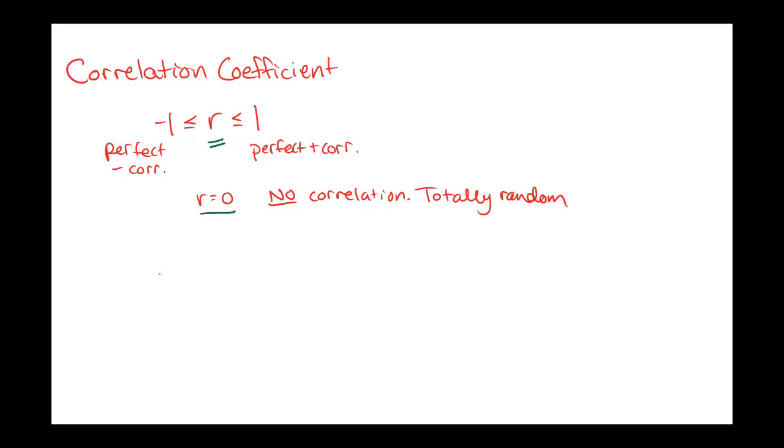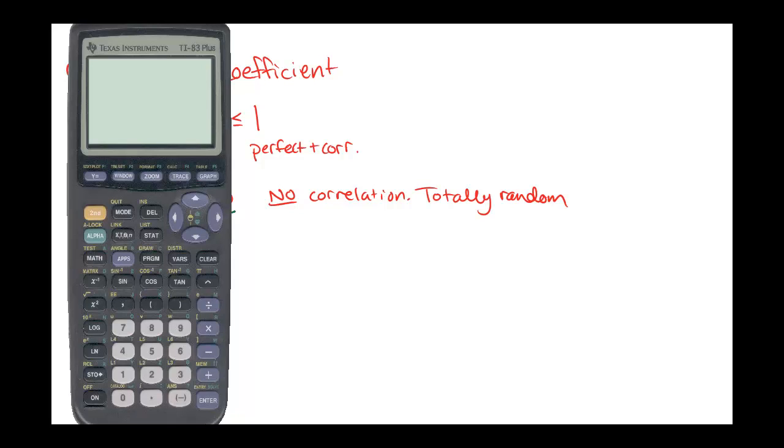So we're looking for a high value of R, either close to 1 or close to -1, to say that there's correlation. Now, your book goes through how to compute R by hand, but I don't need you to do that. We're just going to get the R value from the calculator in this regression readout. So don't worry about going through the calculations by hand.